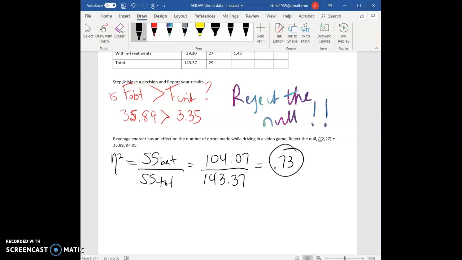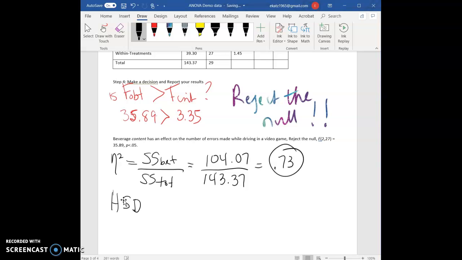So what we're going to do is calculate what's called Tukey's honestly significant difference test. And in order to do that, we need to find the Q statistic, which is the studentized range statistic.